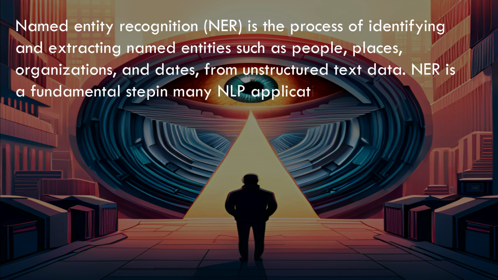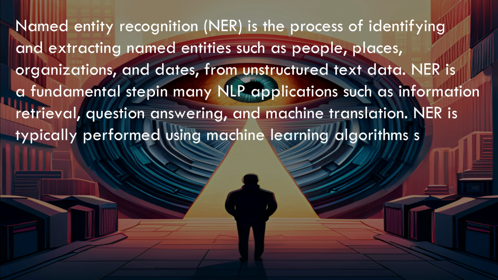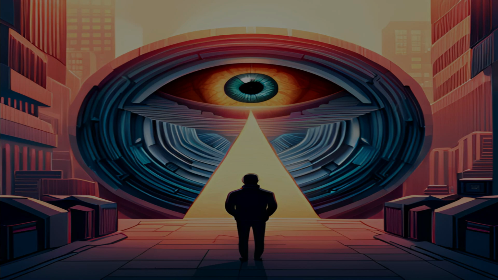NER is a fundamental step in many NLP applications such as information retrieval, question answering, and machine translation. NER is typically performed using machine learning algorithms such as conditional random fields, CRF, or named entity recognition and classification, NERC, models.